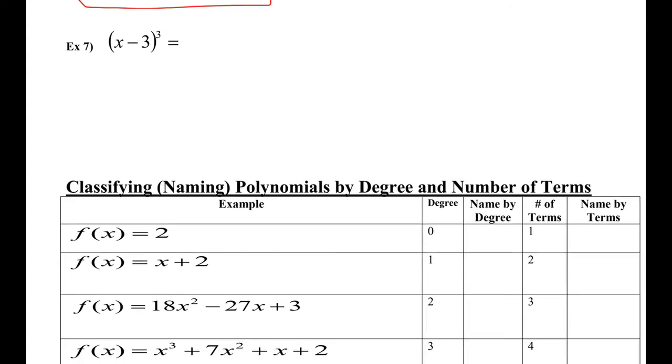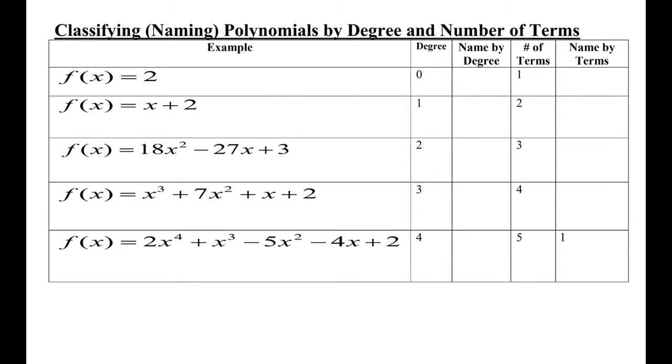The last thing we're going to look at is classifying and naming polynomials by degree and number of terms. If it has a degree of 0, naming it by degree, it would be a constant. If it has a degree of 1, the polynomial is said to be linear. If it has a degree of 2, it is said to be quadratic.